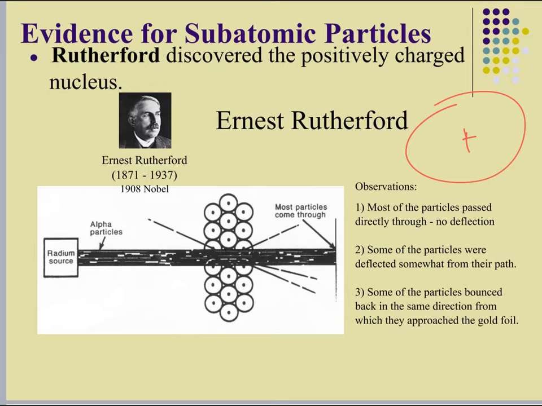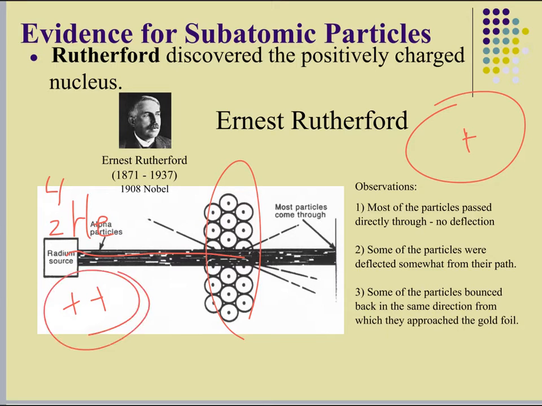His super famous experiment, of all the experiments, you should know this one, is called the gold foil experiment. So here's the gold foil. He would blast alpha particles through it, which you may recall from nuclear chem is a helium nucleus. So basically it's 2 protons, positive charges, and 2 neutrons.